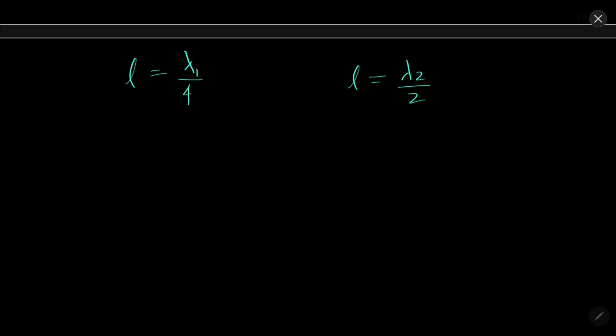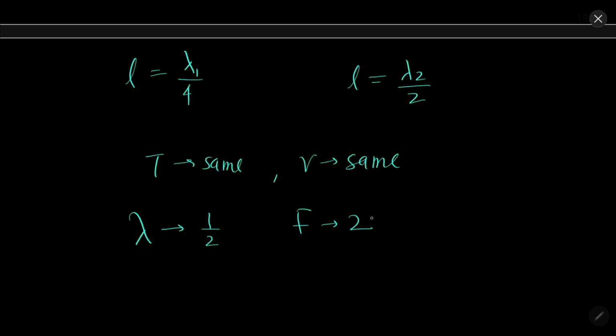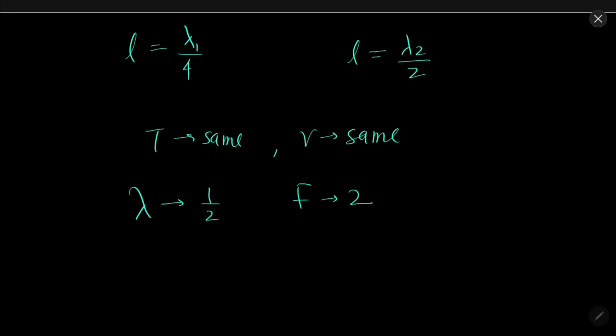So the joint is placed on the pulley and a node will be formed there. Now since the tension remains same in both the cases, velocity will also remain same, because mass per unit length is also not changing. So as wavelength is reduced by half, frequency will become twice, so 120 Hertz will become 240 Hertz.